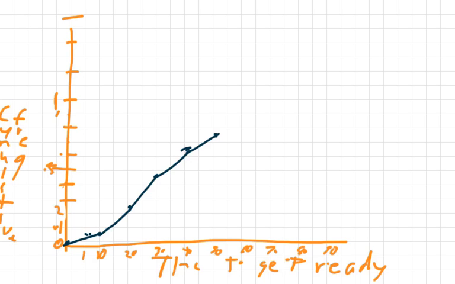Then 0.898, then 0.918, then 0.939. And then finally, for 90, we had 1. And there's my cumulative frequency graph.